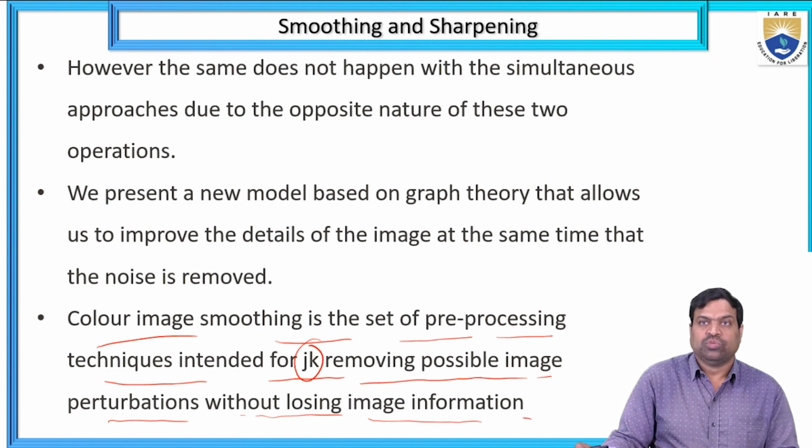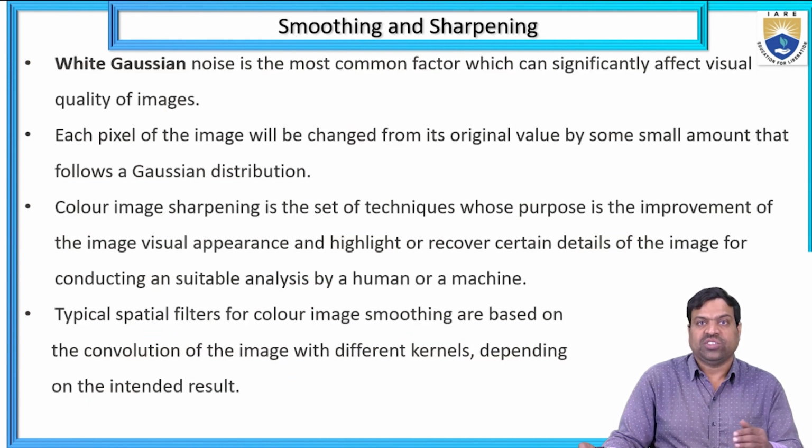When I'm using smoothing, it does not happen with simultaneous approaches due to the opposite nature of these operations, but a new model based on graph theory allows us to improve the details of the image at the same time that the noise is removed. So what are the vector techniques? What are the processing and transformation techniques we are using? That is what we are discussing.